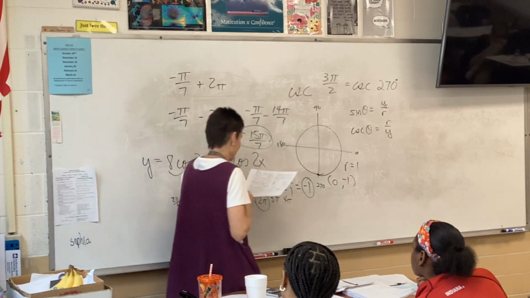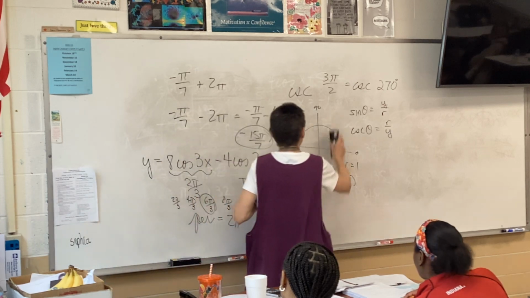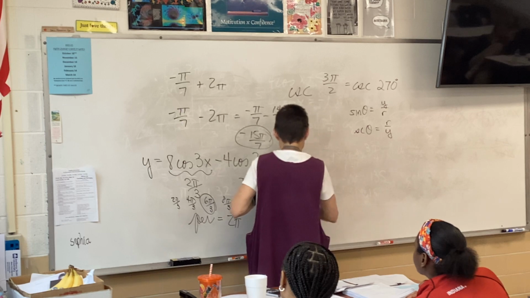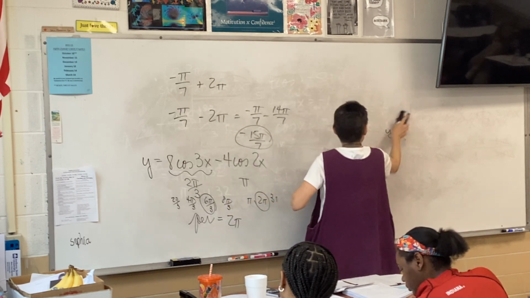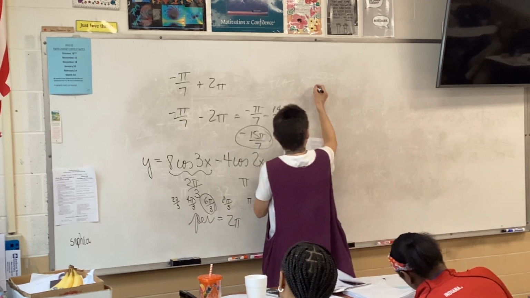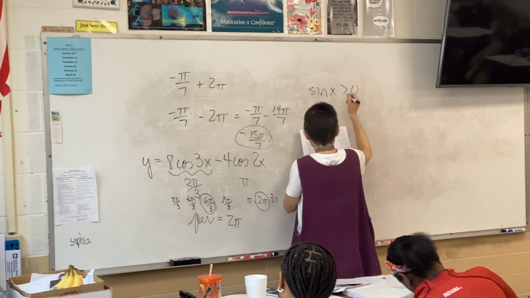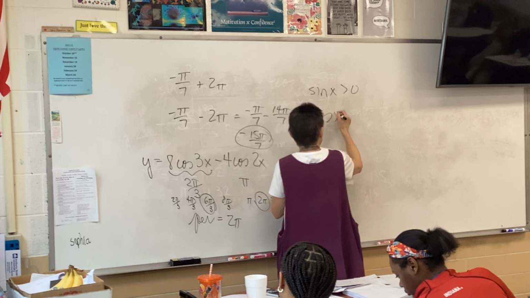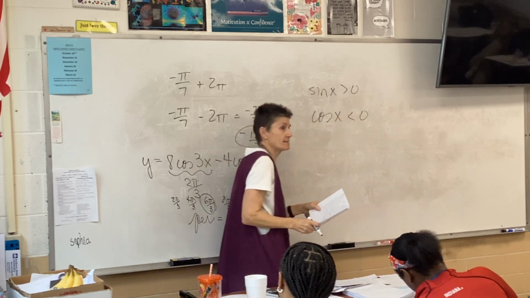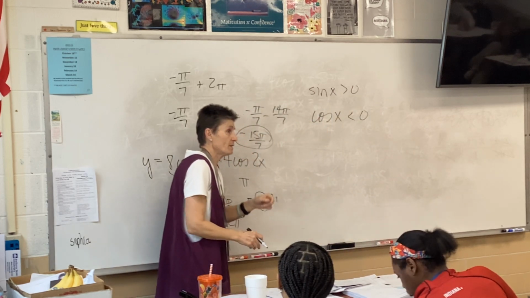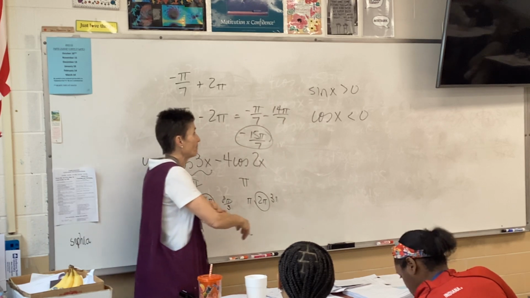Number 5. In which quadrant do I have a sine that's greater than 0 and a cosine that is less than 0? Which quadrant does that happen?